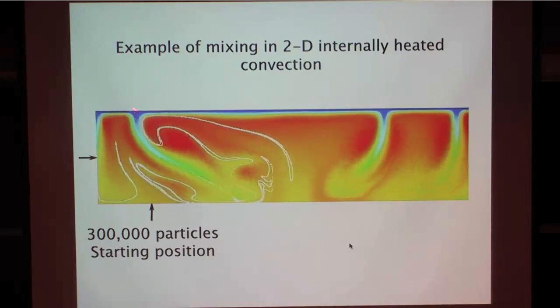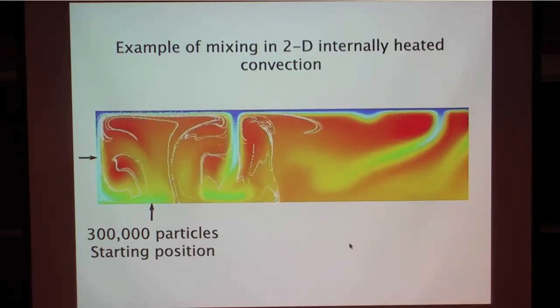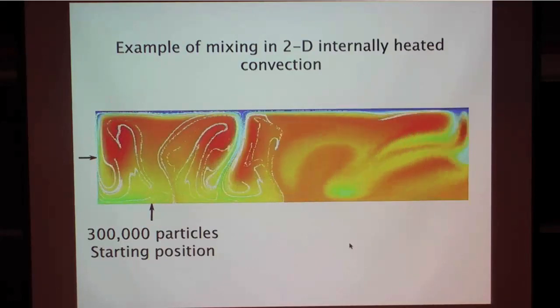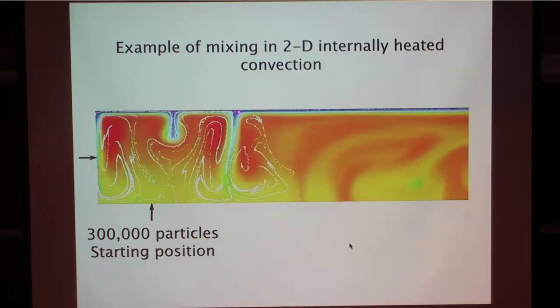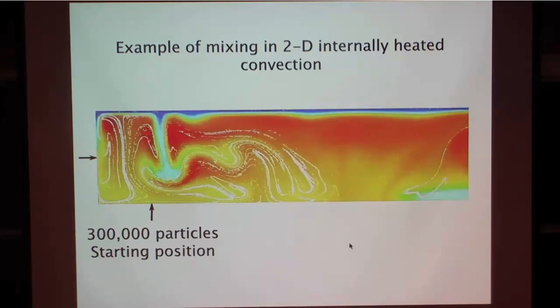So what's happening here is that at these points, there is exponential thinning and basically pure shear, and there's exponential thinning and stretching, and that is where the dispersion of the particles is happening.